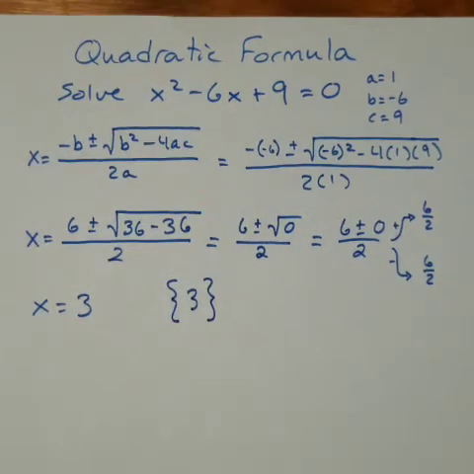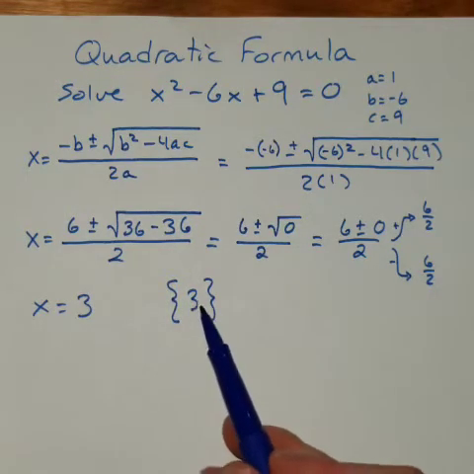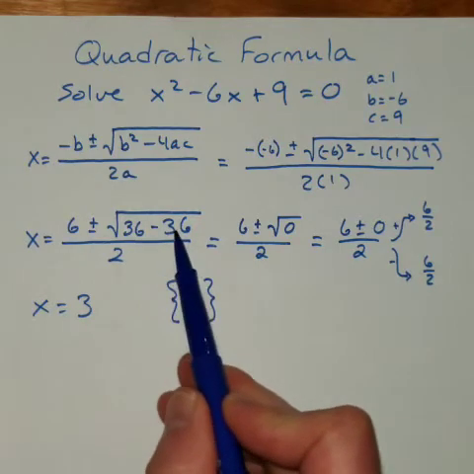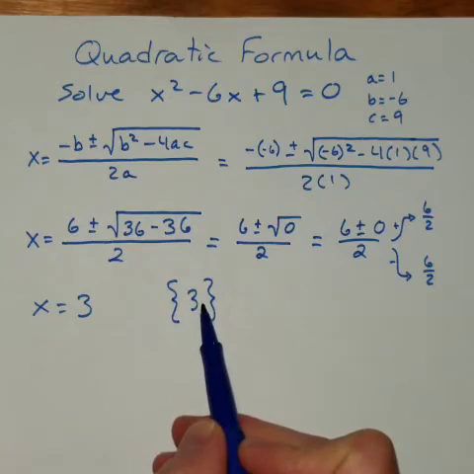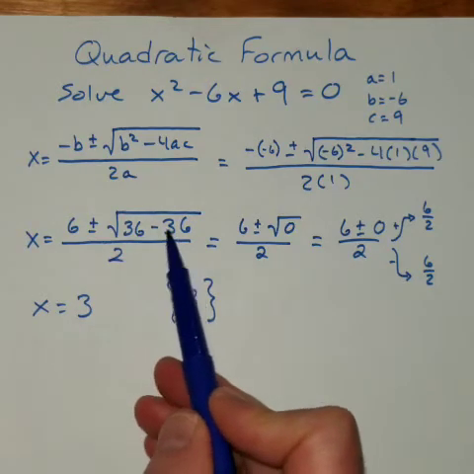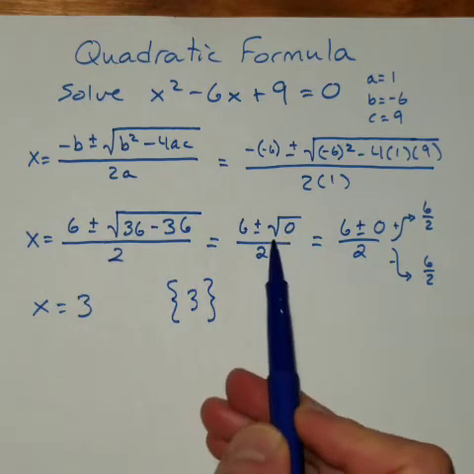Now, if you think back to all of the previous examples that we did, the type of solution is always determined by the stuff under the root. Notice here, this was the only one that had one solution, and it came from having a 0 under the root.